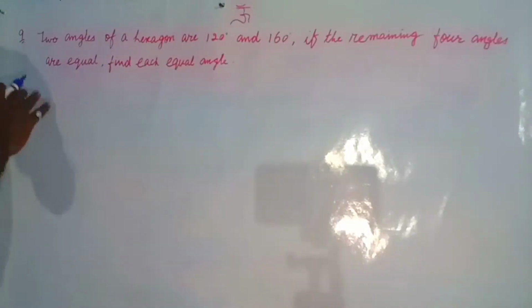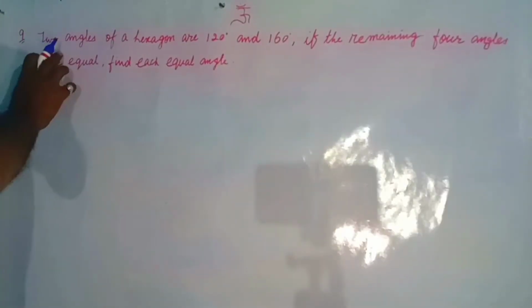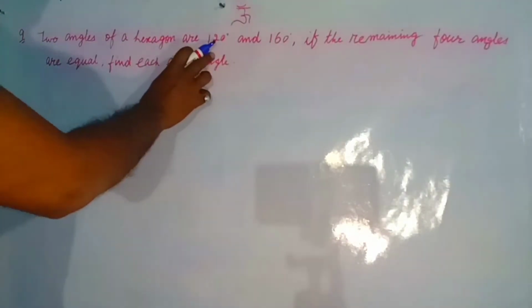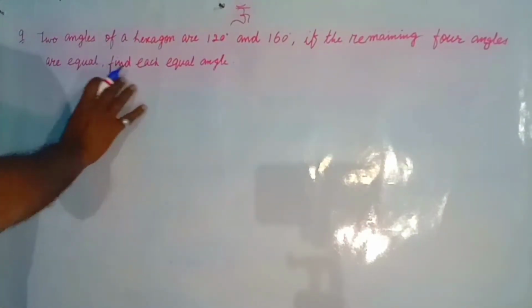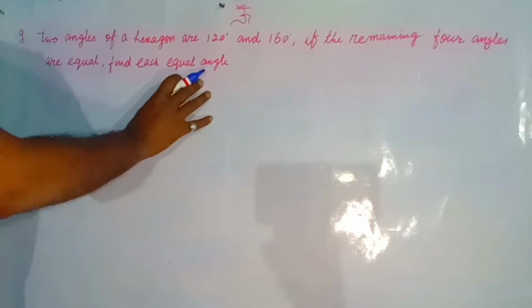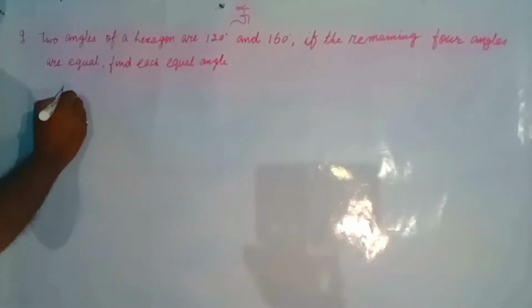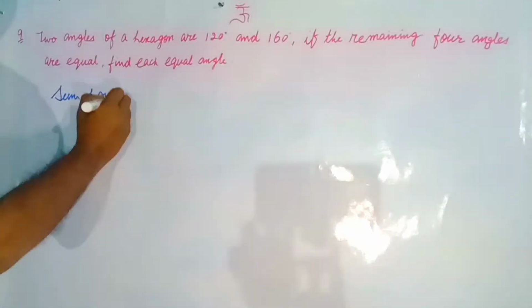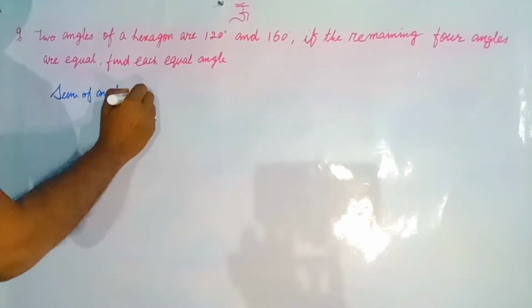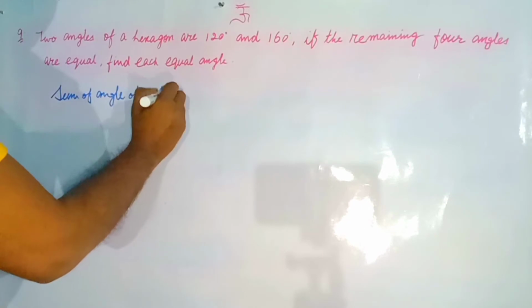That's it, over. And now we have question number 9: two angles of a hexagon are 120 degrees and 160 degrees. If the remaining four angles are equal, find each equal angle. First we will find the sum of angles of a hexagon.